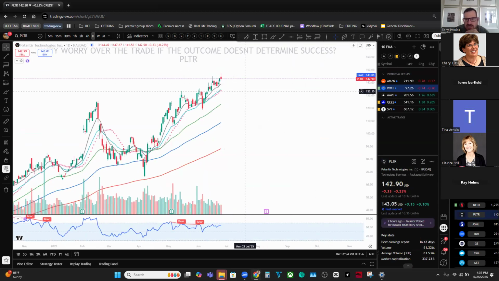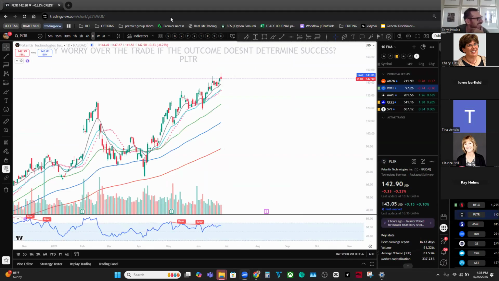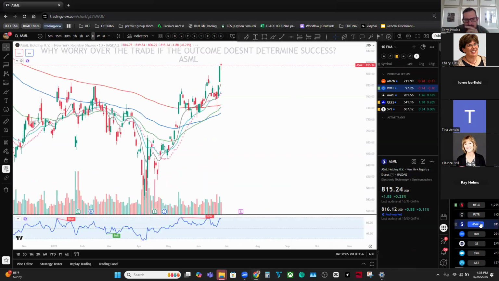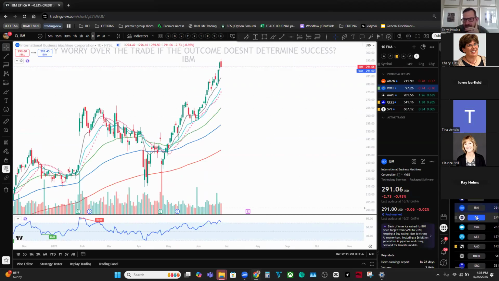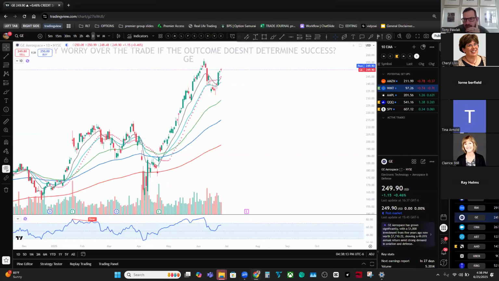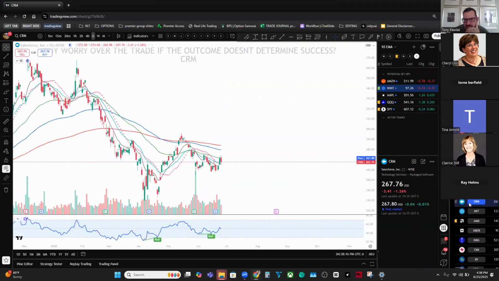PLTR, too far away from the 10 EMA as well. IBM. All of these are just really far from their 10 EMA right now.